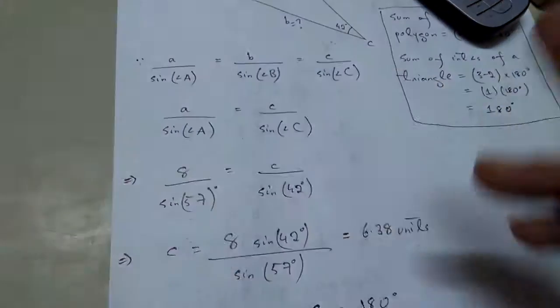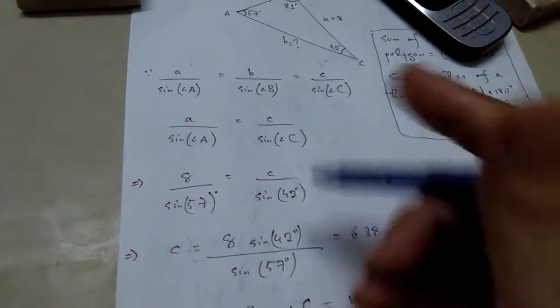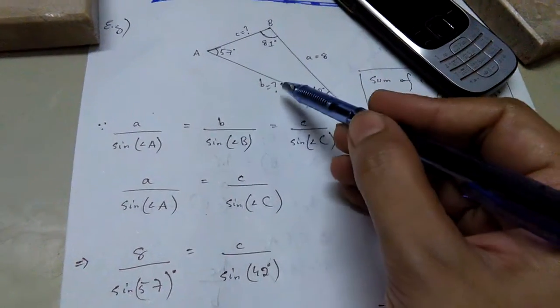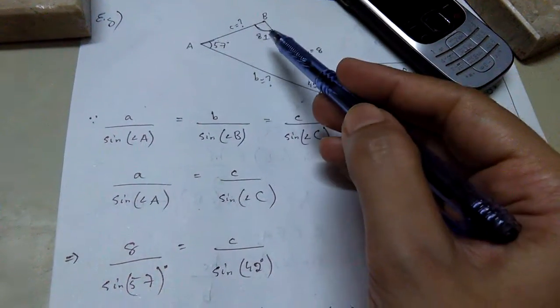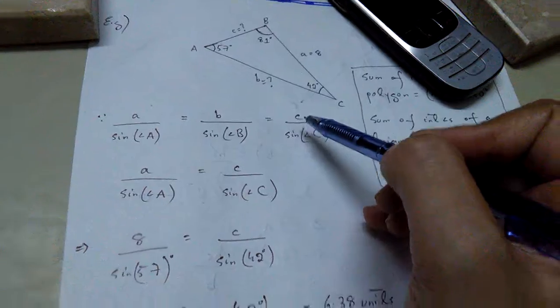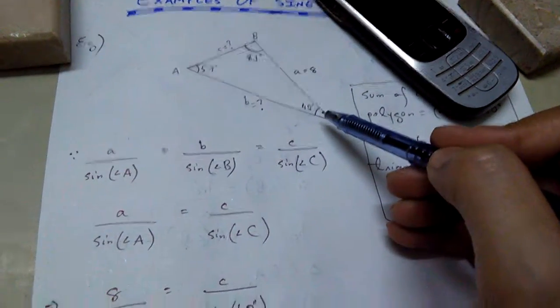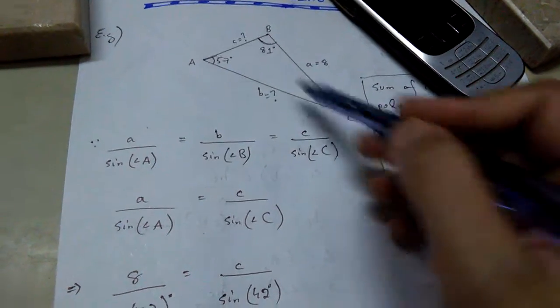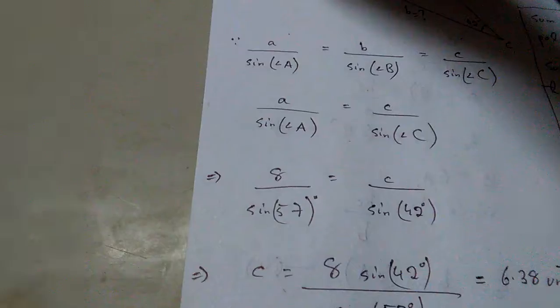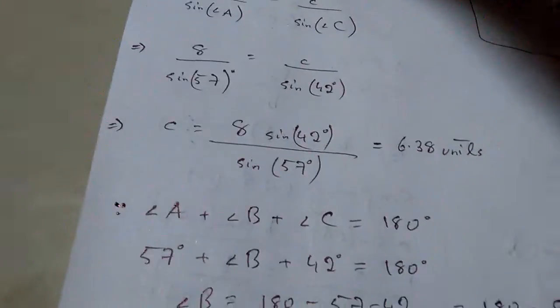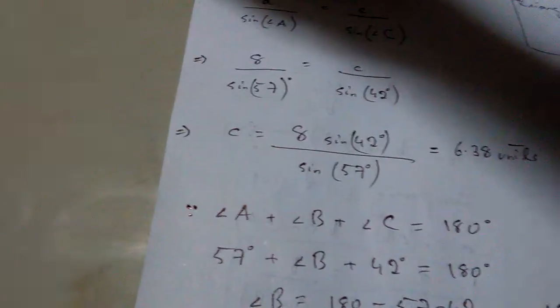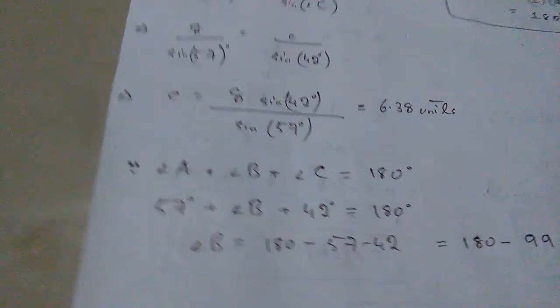You can compare it with the other as well. b is something that I have to find out. Angle B I have just calculated. c I have just calculated from here. And angle C was provided to us in the question. So let us substitute all these values. I need some space, so I need to push my page a little bit upwards, and now it's fine.